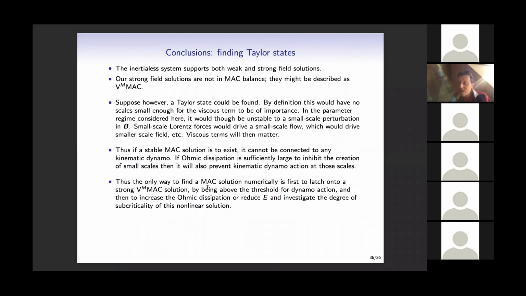If that had been a Taylor state, then you don't have small scales in a Taylor state. Everything is large scale. So you can't generate small scales. It must be stable to small scale disturbances. So you've got to push yourself way down the branch until the magnetic Reynolds number where you are is small enough that it doesn't produce small scale perturbations. So that's what we're actually doing now. We're heading left, heading down the branch to see if we can find something for which this viscous magnetic term doesn't matter.